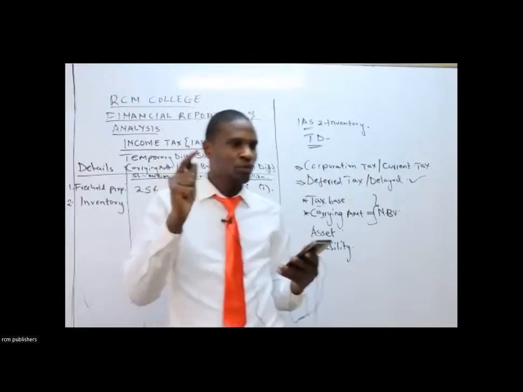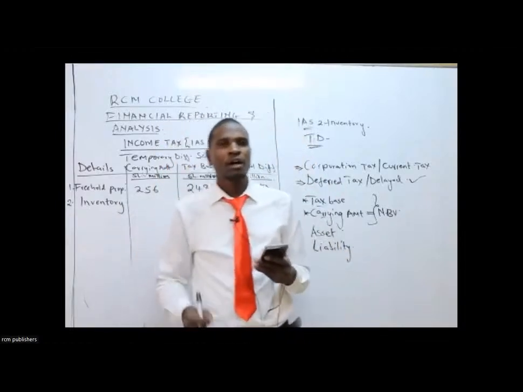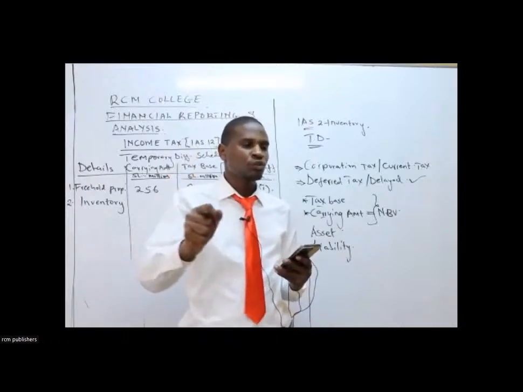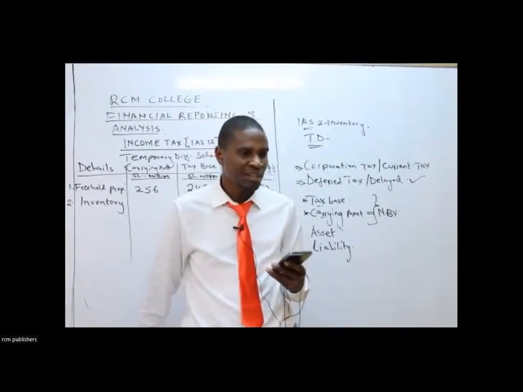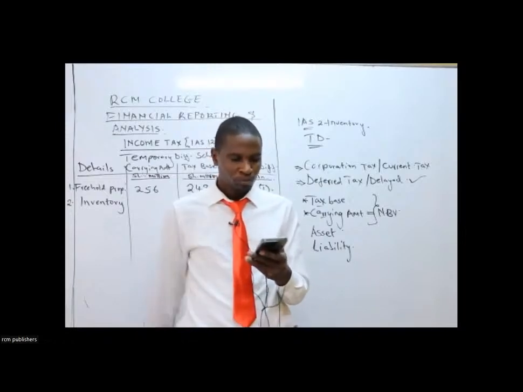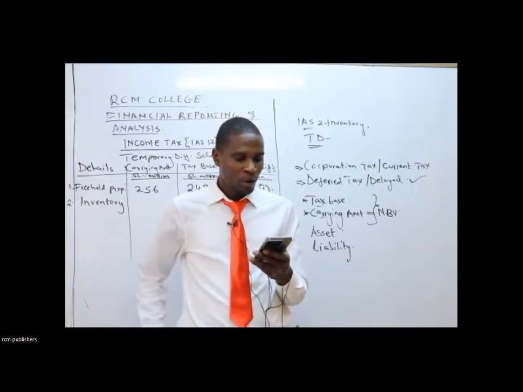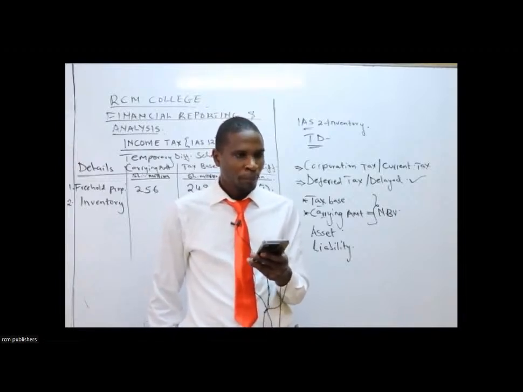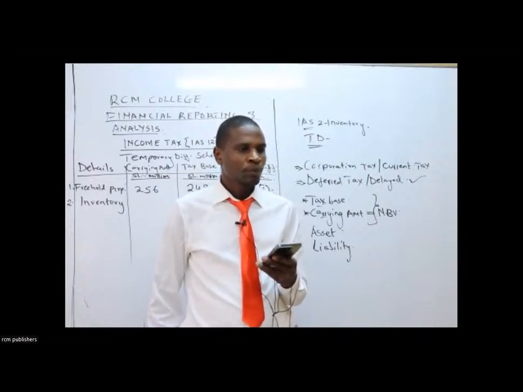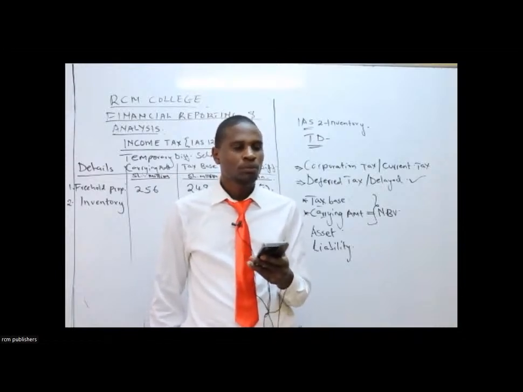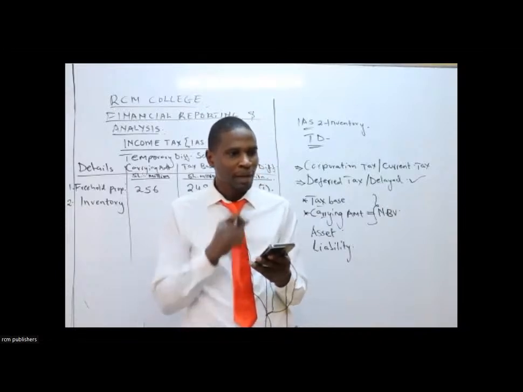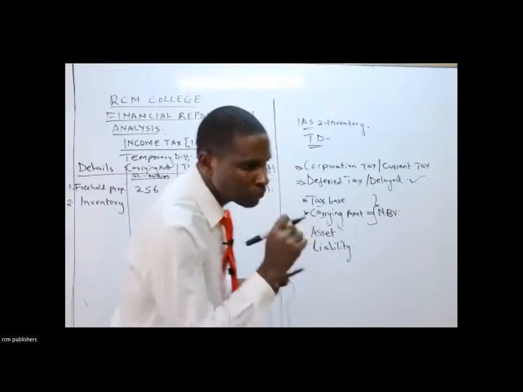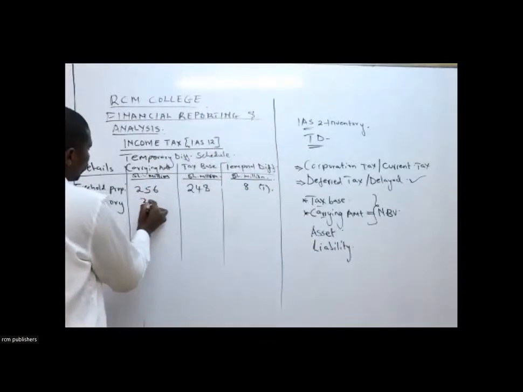I cannot proceed if you don't give me the carrying amount of our inventory. That is very simple. You take 48 minus 16. What are you getting? 32 million from Samson. Samson is giving us 32 million.